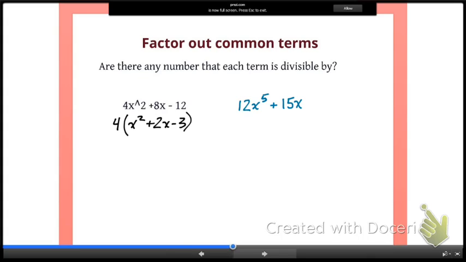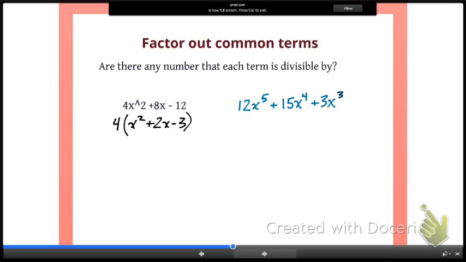In the second example here, we have 12x to the 5th plus 15x to the 4th plus 3x cubed. Well, again, our leading coefficient is not 1, so it would be hard to factor by questions. So we can look to see if each one of these is divisible by the same number.